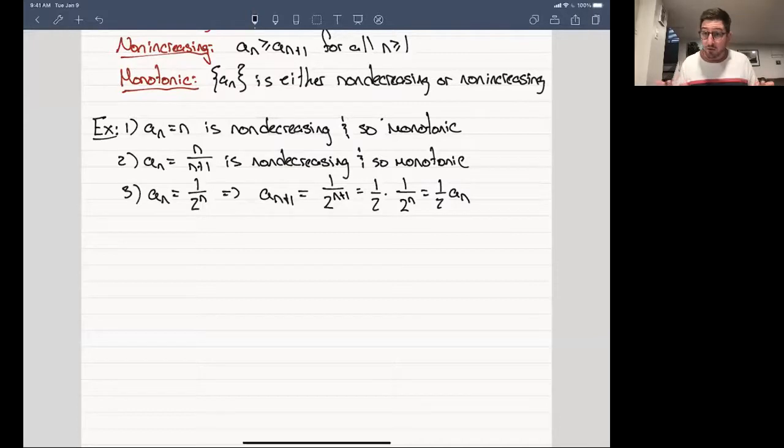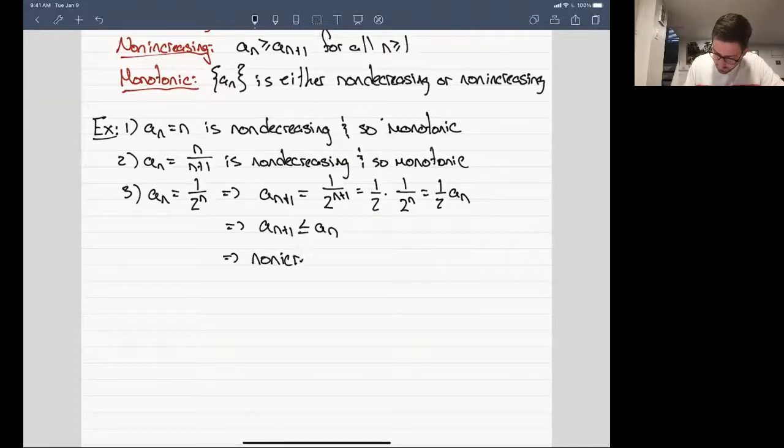Now, if you take half of a number, that's going to be smaller than the original number, assuming what you started with is positive. So this tells you that an plus 1 is strictly less than, but I'll write it as less than or equal to an, which implies non-increasing. So again, it's a monotonic sequence.